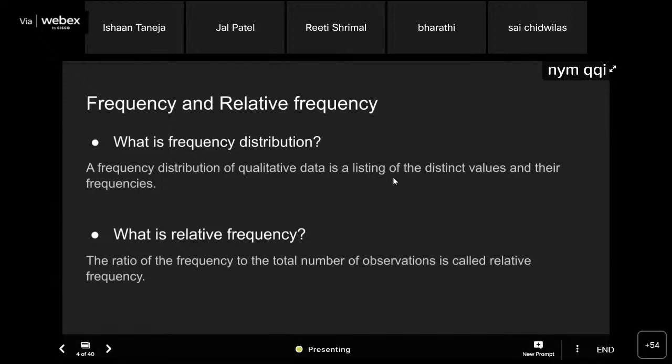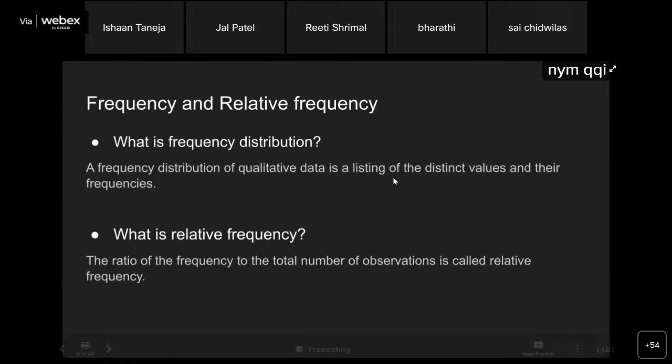Okay, so in week 2 we will focus mainly on categorical data or qualitative data in other terms. In week 3 we will focus on numerical data or quantitative data as well, but today our main focus is on qualitative data only. Okay. So frequency distribution is where we list down all the distinct categories in a table and write down the corresponding frequencies as per the count.